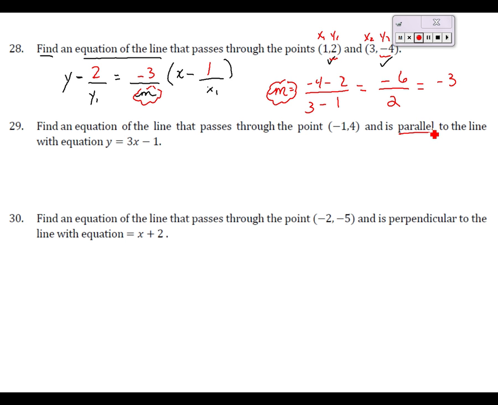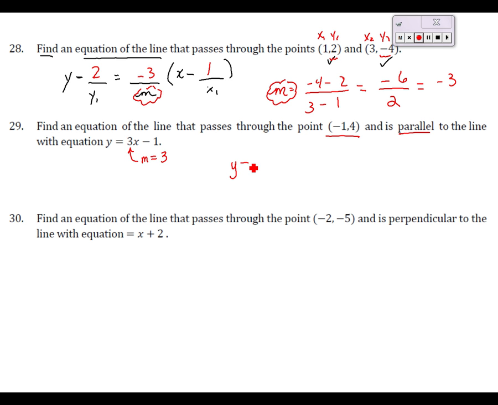So that being said, what is the slope? Can you see it from just looking at this line? There it is, right? That's our m value. Wonderful. So m is 3, and we have a point. Again, does it say which form of the equation we want? So I'm going to pull a Miss Getz on this, and I'm just going to use the point slope form.